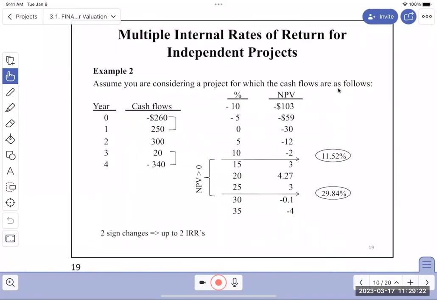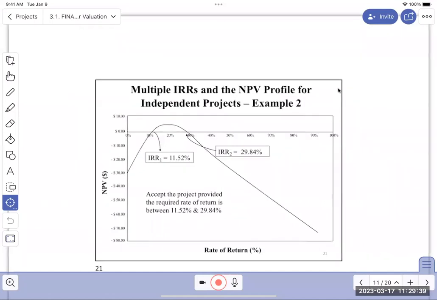It means that as long as the discount rate is between 11.5 and almost 30%, you should accept the project. It's a small range on the picture, but it's a long range in terms of rates. So accept the project provided the required rate of return is between 11.5 and 30%.